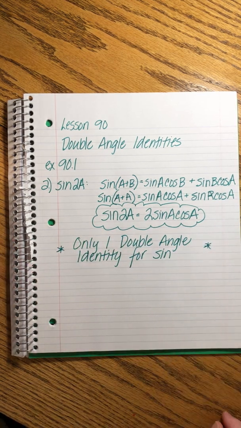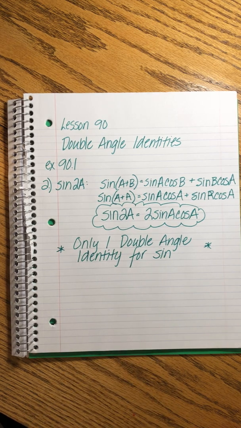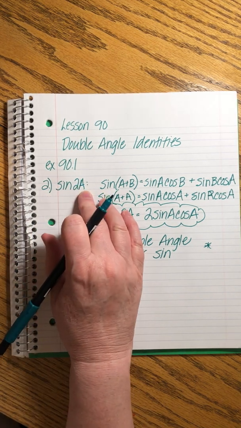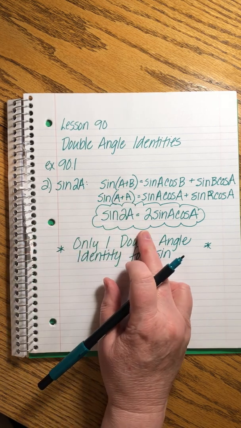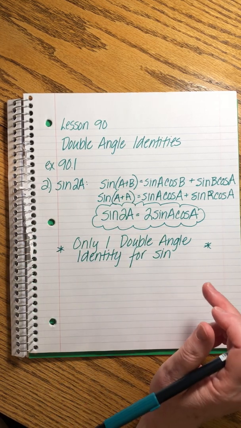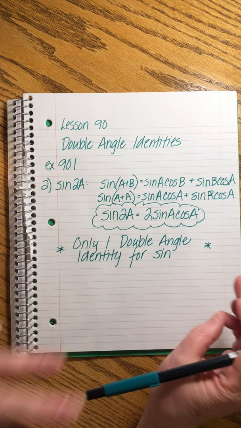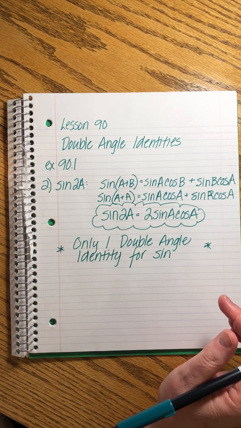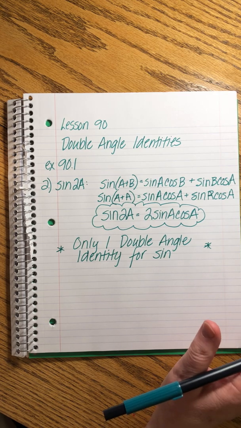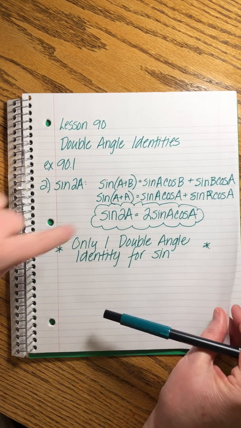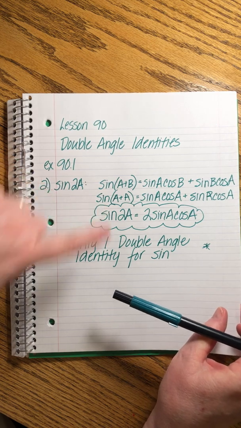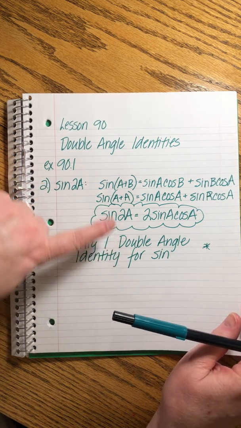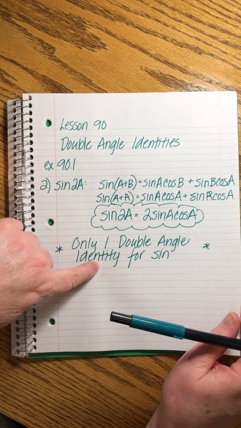Spoilers, when we do cosine, this is not going to be the case. So when we're finding a double angle identity for sine, there's just one answer, and it's right here. When we do the same thing with cosine on the next page, what we're going to see is that we can actually create three different versions of the double angle identity for cosine. There's only one for sine, but there are going to be three for cosine. So let's take a look at that.